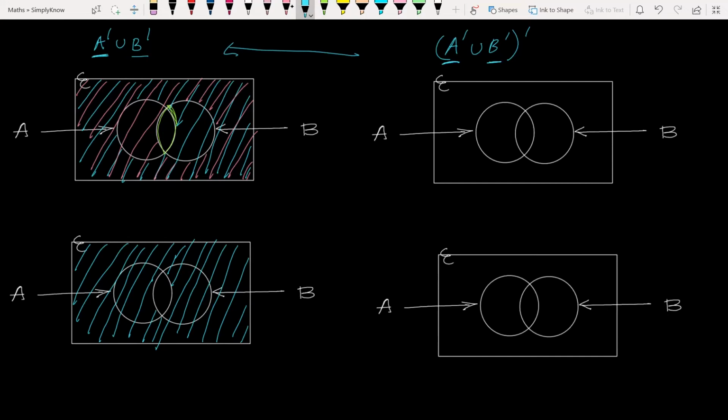Okay, now first of all, let's shade everything in A complement, like we did in the previous one. Again, I'm shading everything in A complement. And then we need to shade everything in B complement. So except B, I'm going to shade the other area, the other region.